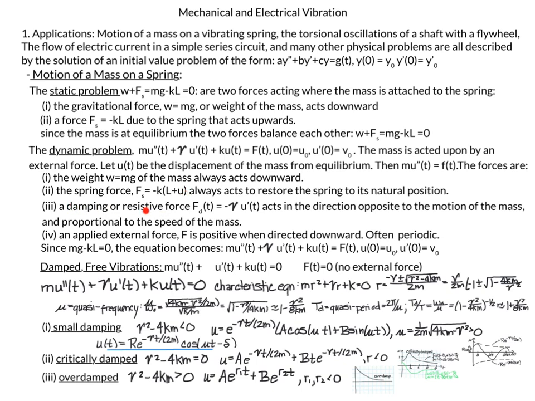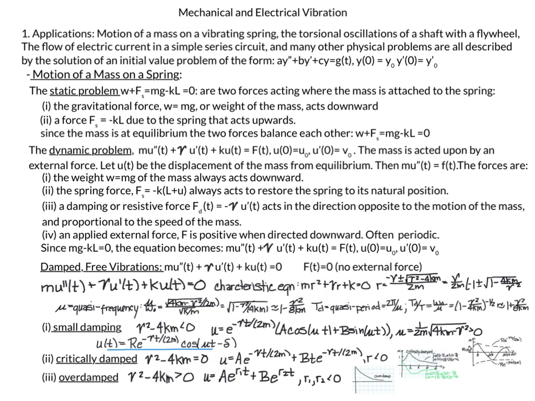We also looked at a damping or resistive force, F of d, which is directly proportional to the speed of the mass, u prime of t, but it's in the opposite direction, so it was negative. We skipped the applied external force F. We did solve for it in general, but in our examples in this video, we let F be 0. External forces will come in the next video.